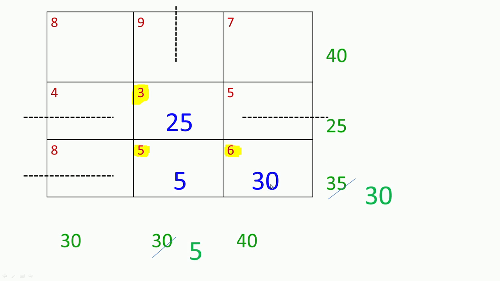Now by putting 30 here, we have met 30 out of the 40 demand, and only 10 more demand has to be met. Now we go back to the next smallest cost position, which happens to be here between 8 and 7, it is 7, and now 40 is available, 10 is required, so we will put 10 in that position.